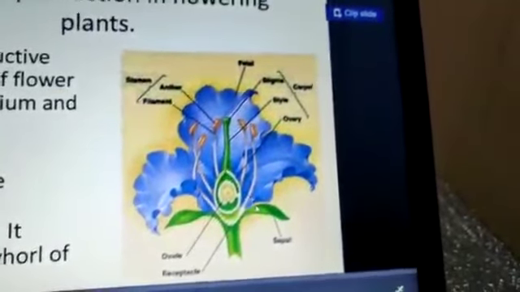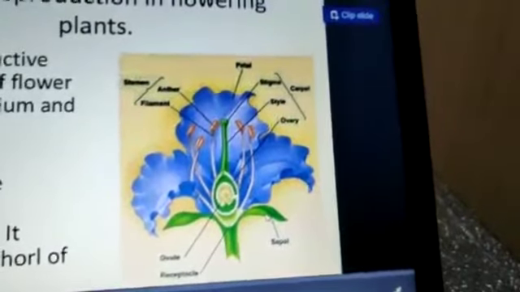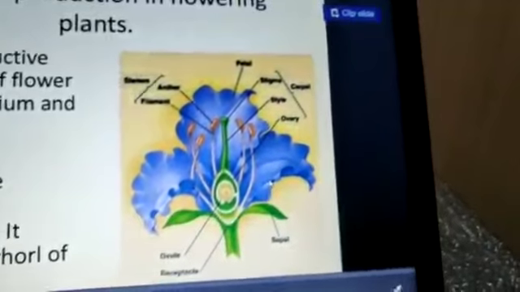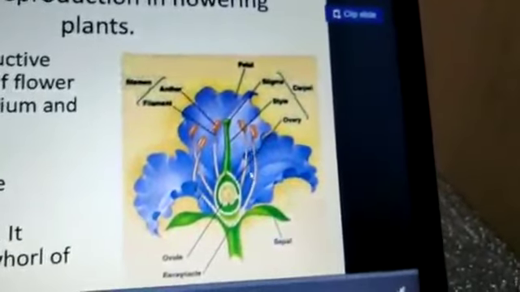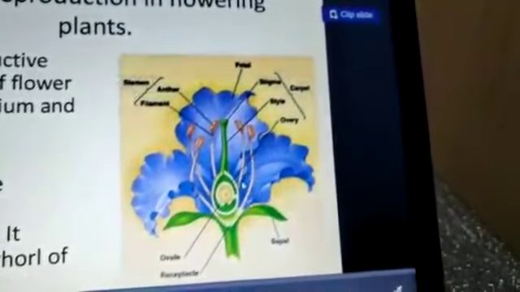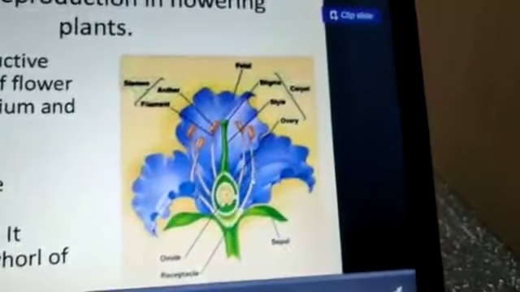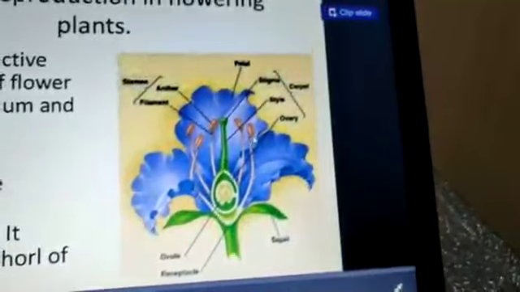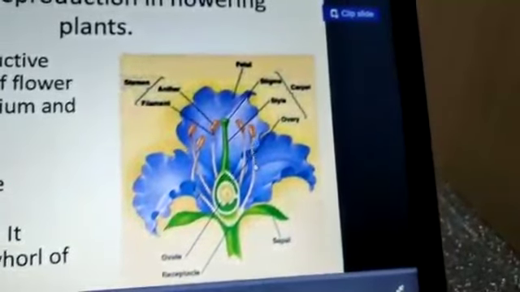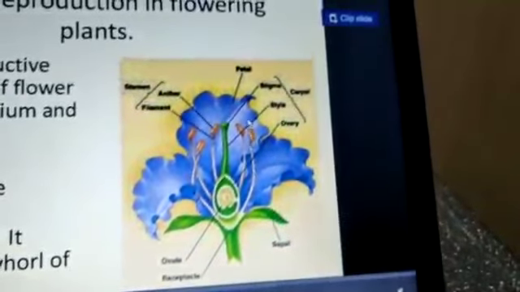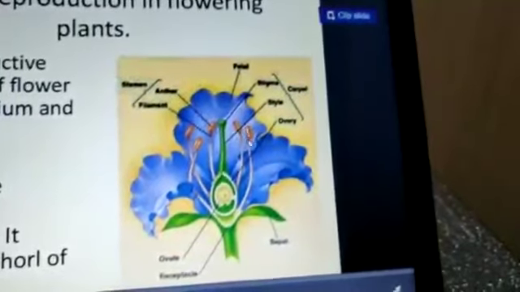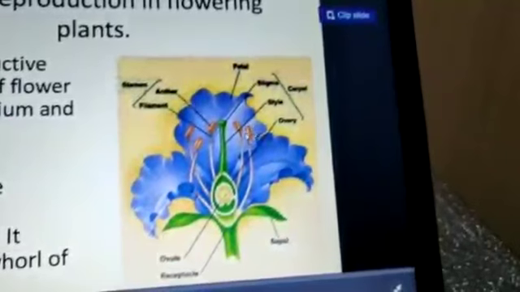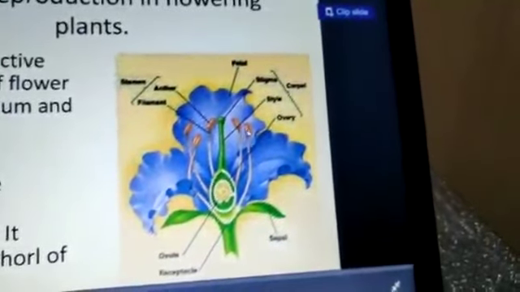Once again a revision: sepals, green leafy structure; petals, colorful leaf-like structure of a flower. This is androecium or stamens, the male part, which contains 2 units. This is the anther, and the thread-like structure is the filament. The anther produces the pollen grain, which is the male sex cell.